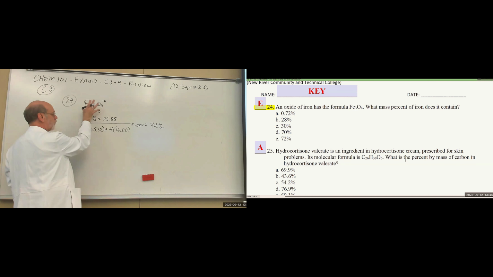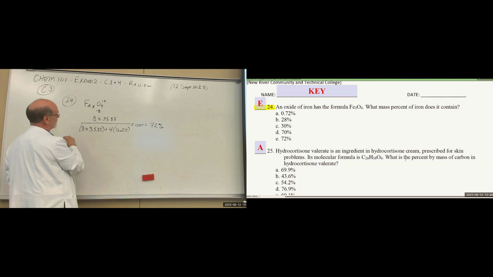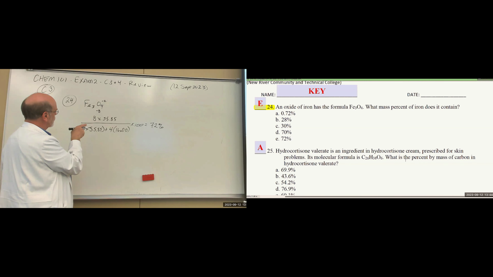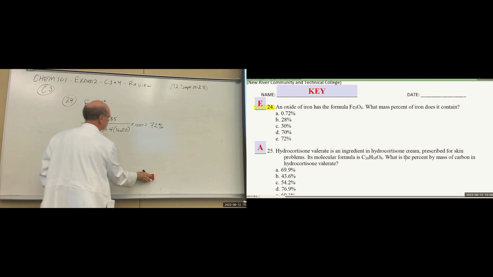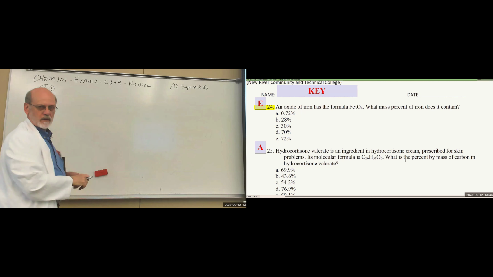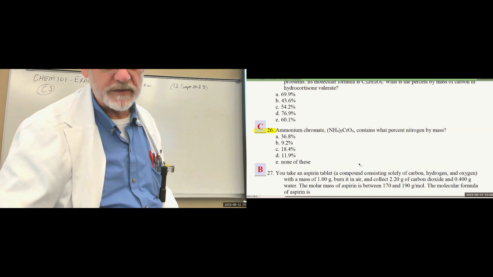This is the simplest formula that we can get for it, but I think it's a combination of FeO and Fe2O3. All right, that's 24, and that's going to be where we stop.